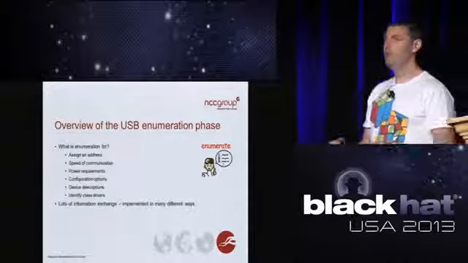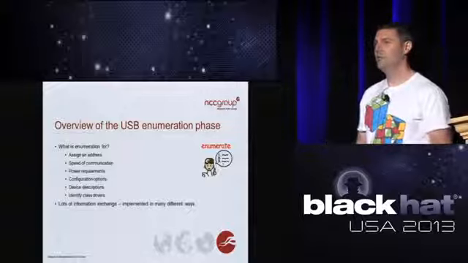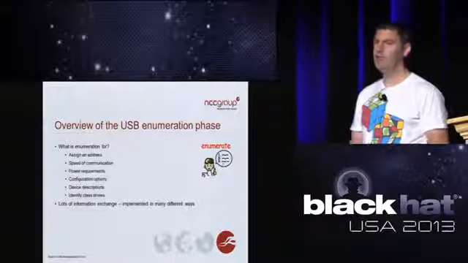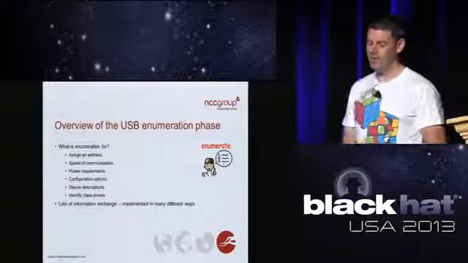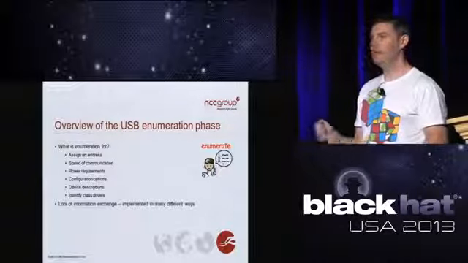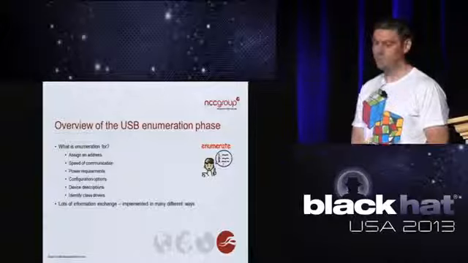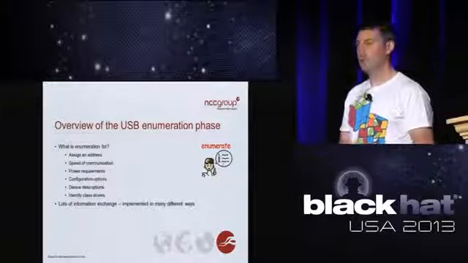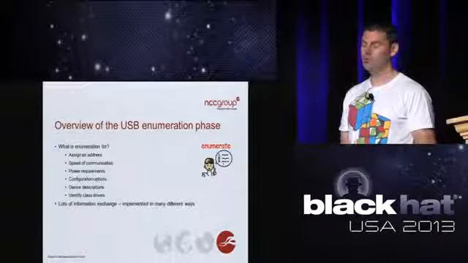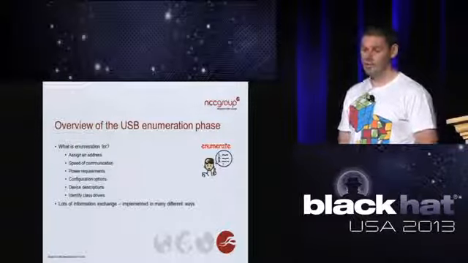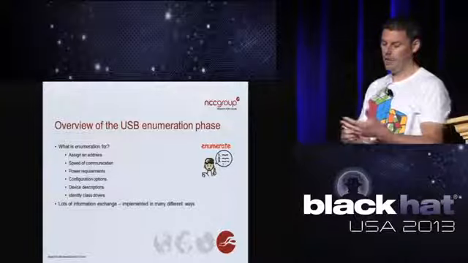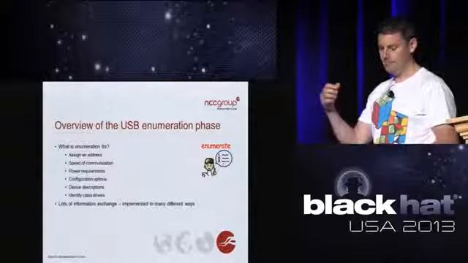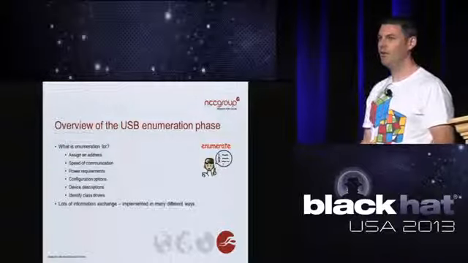So the majority of the information that I'm gathering via USB is during the enumeration phase. So enumeration is the process that occurs when you insert a USB device into a host. Initially the host knows absolutely nothing about the device. So during enumeration, the host queries the device to gain as much information as possible about things like how fast that device communicates.